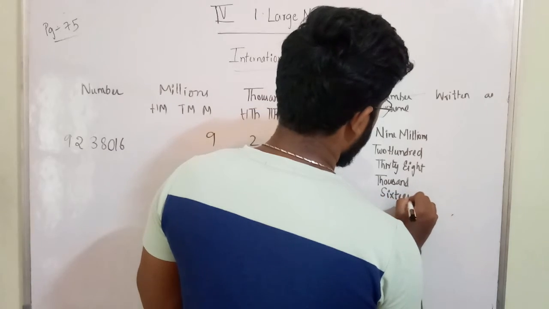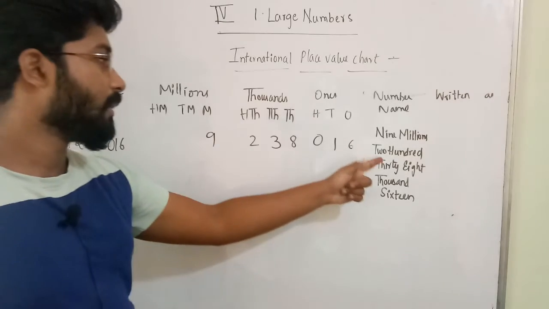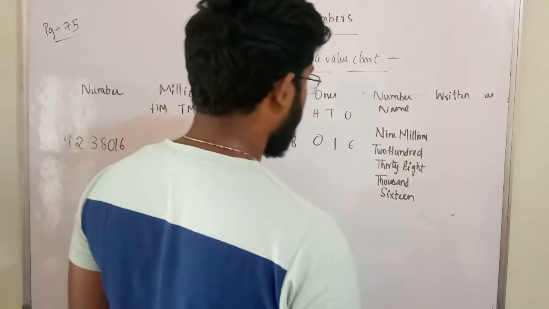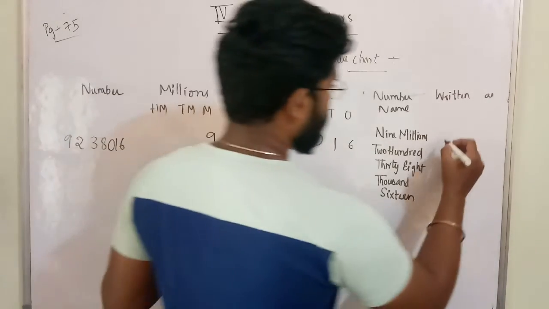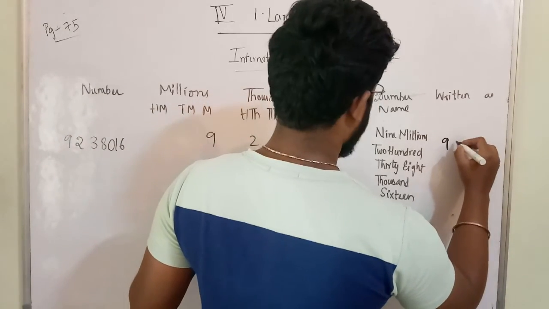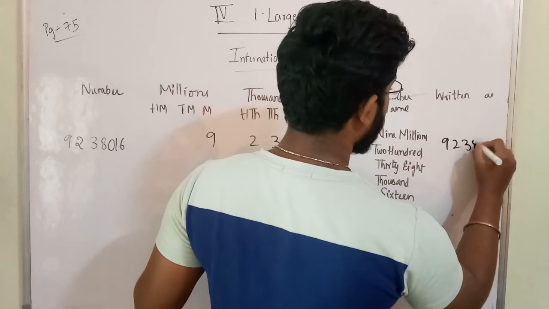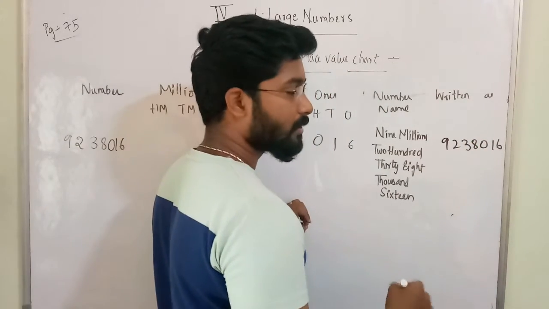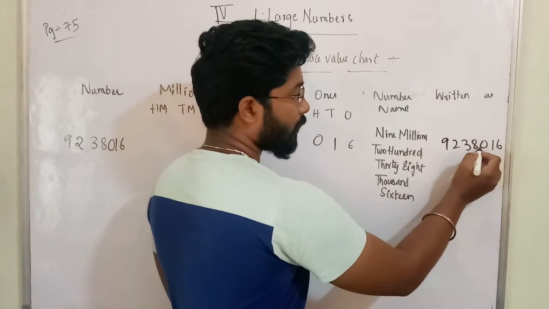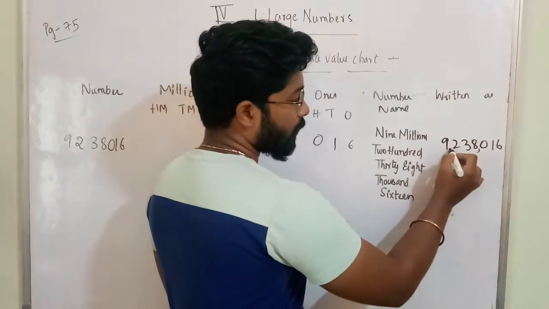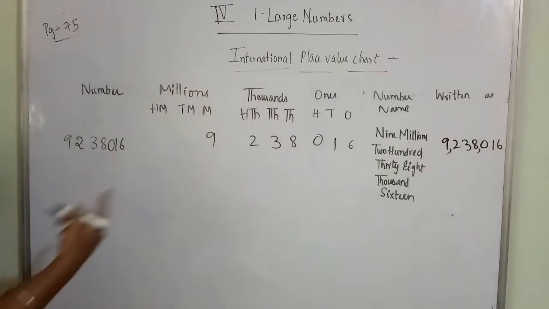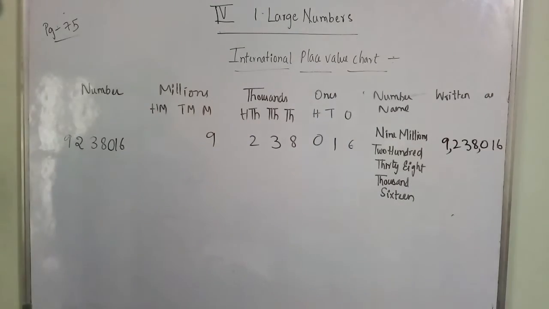So 9,238,016. This is the number name. How can you write this in the international place value chart system? From right to left, after every 3 digits you put one comma: 1 2 3 comma, 1 2 3 comma. This is the way of writing it under the international place value chart.